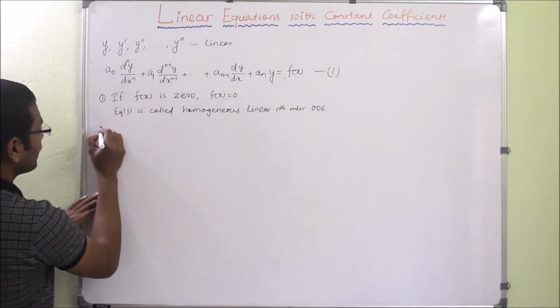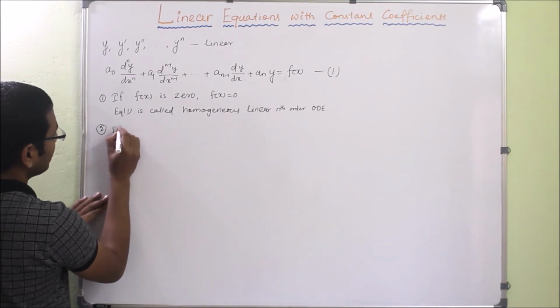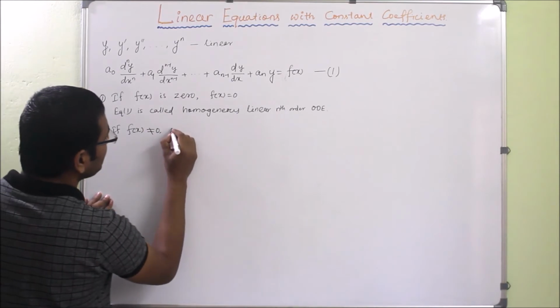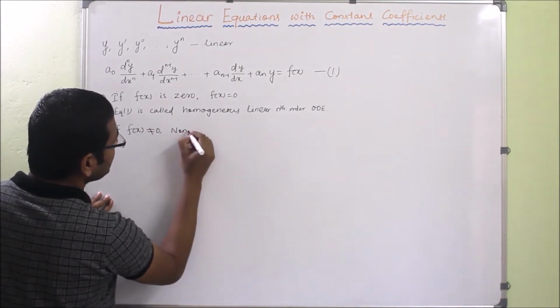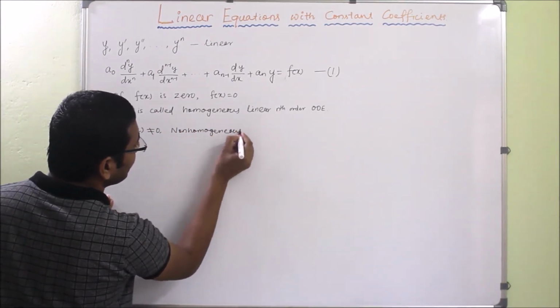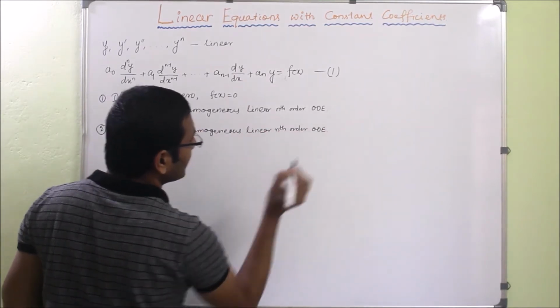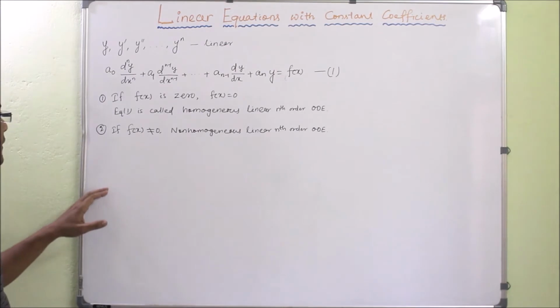Now if we have a function f of x which is non-zero, then it is called a non-homogeneous linear nth order ODE. Okay, clear?